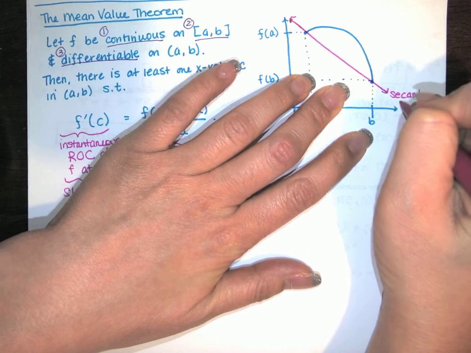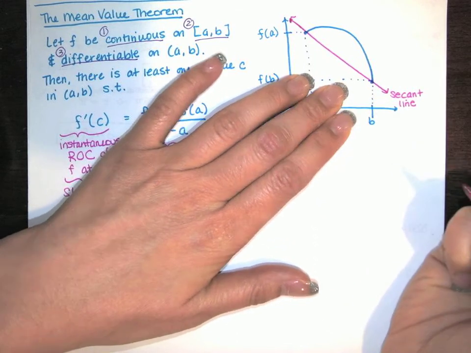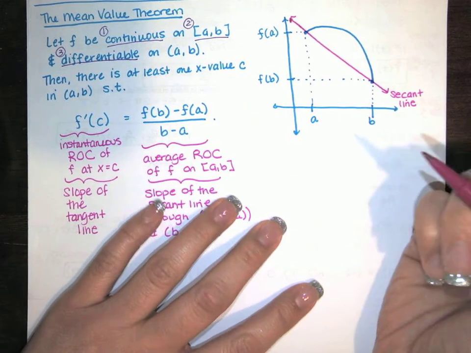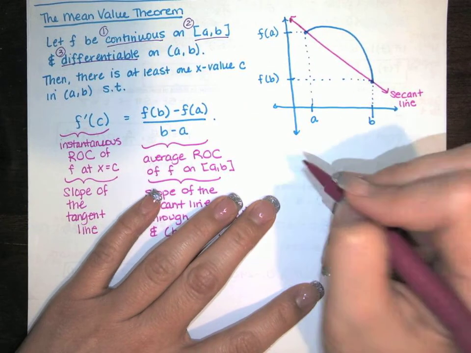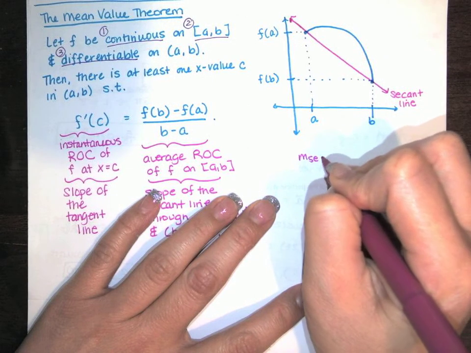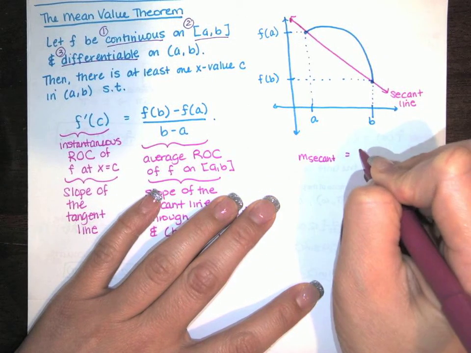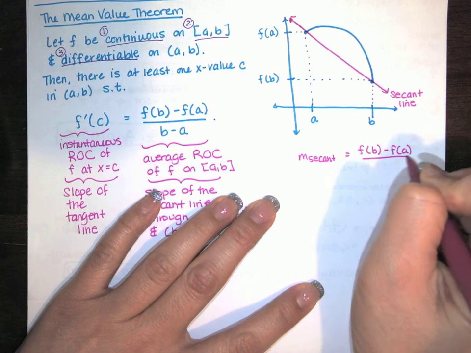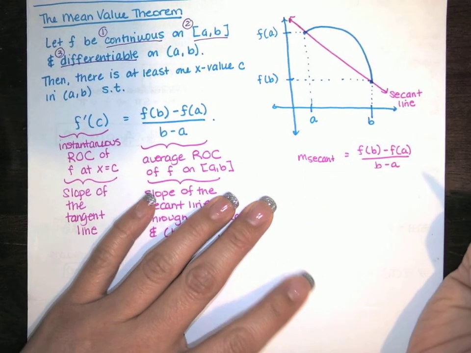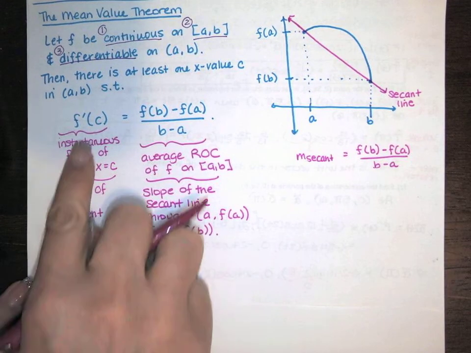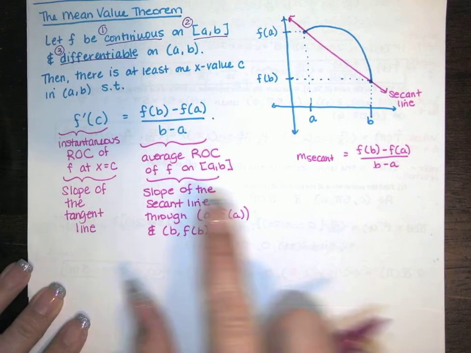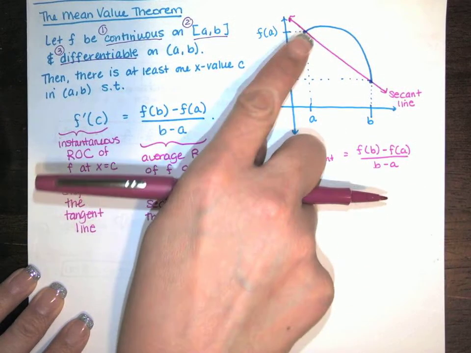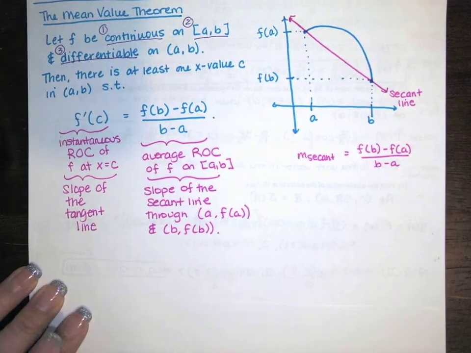And a secant line is just a line that passes through 2 points on the graph of the function. And the slope of that line is f of b minus f of a divided by b minus a. Now this is saying that there is some x value in between a and b where the tangent line is parallel to that secant line.